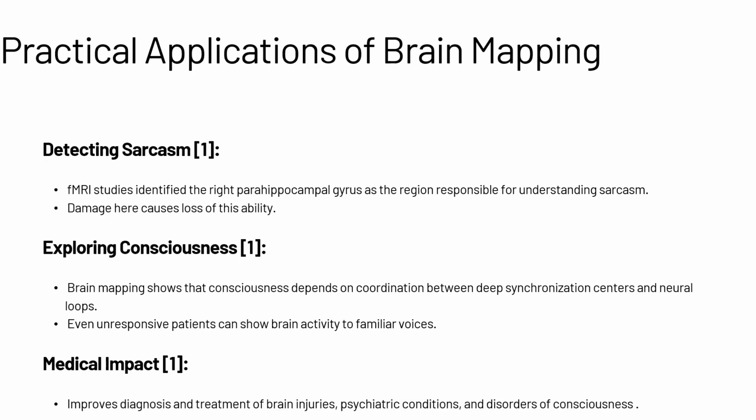Practical applications of brain mapping. Brain mapping has advanced how we know and treat the brain in both research and medicine. For example, fMRI studies have identified that our ability to understand sarcasm relies on a region called the right parahippocampal gyrus.